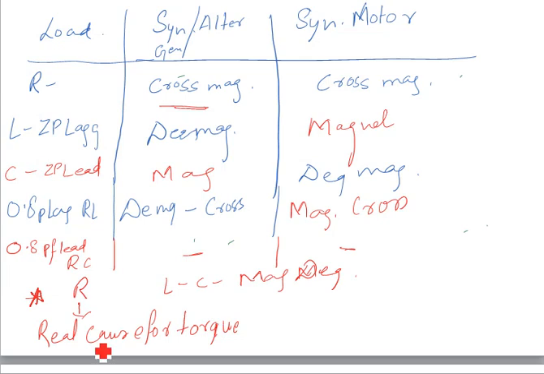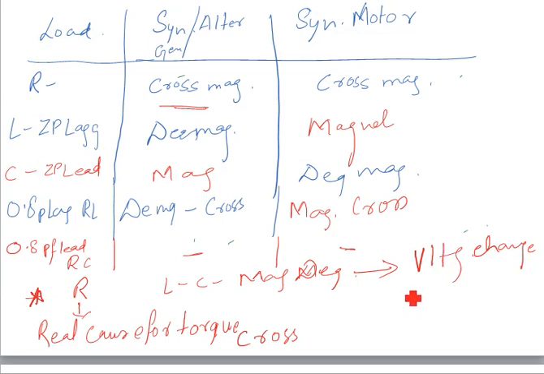This cross magnetizing is the real nature for torque production, while this L and C magnetizing or demagnetizing effect is the cause for voltage change in synchronous motor or generator.